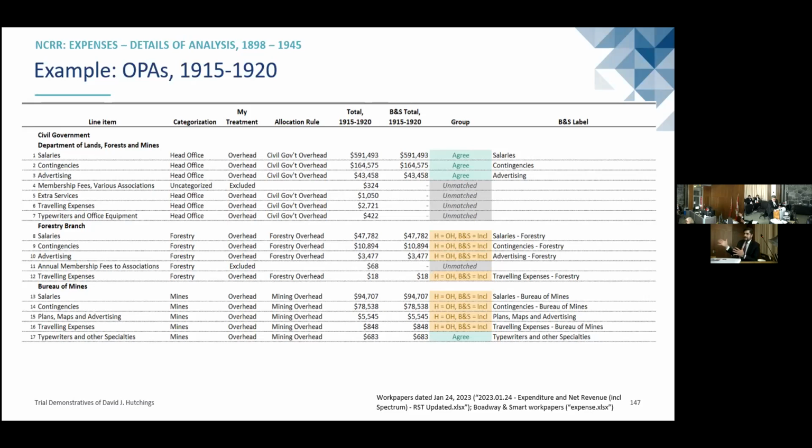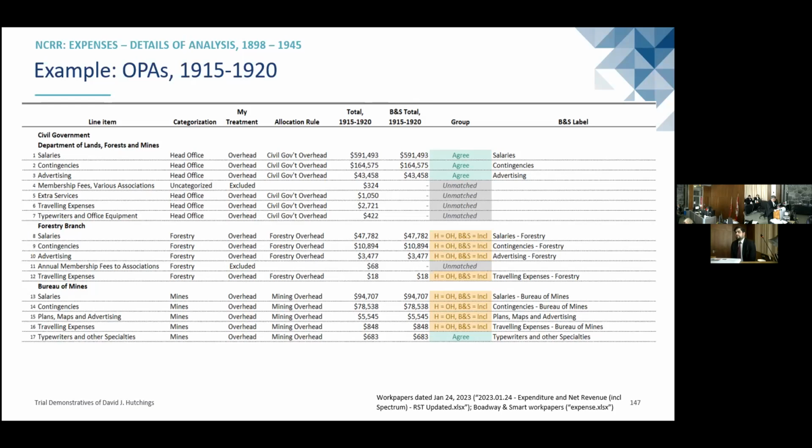And then the last column is the label from the Bodway and Smart data. Again, just for sake of transparency, if you went to their data, that's how it will be labeled. So what you're agreeing to is column 3, my treatment. Yes, exactly. Okay.